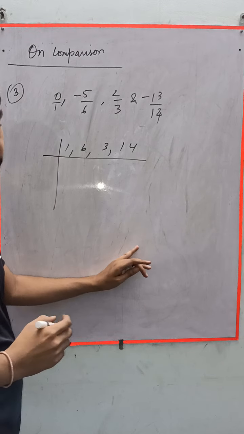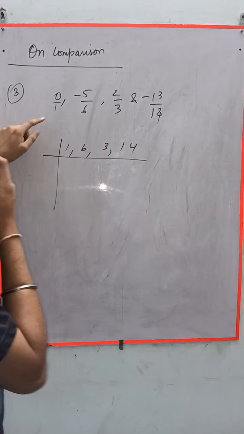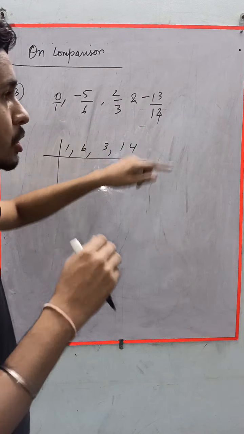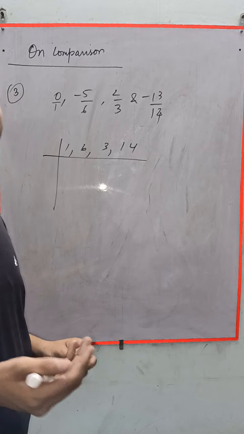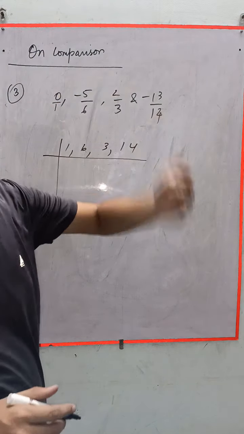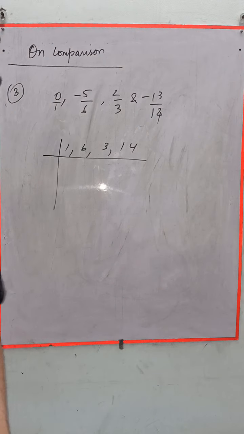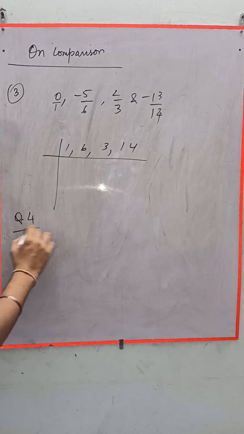Whatever LCM comes, you try to make all the denominators the same. If you can make all the denominators the same, it will become like fractions. So with the help of the numerators, you can easily say which is the lesser one and which is the greater one. And in the fourth question, you have to do the same thing.